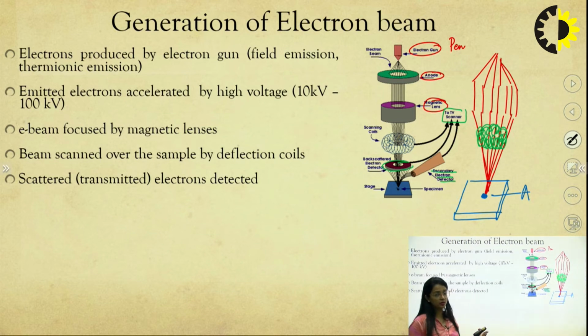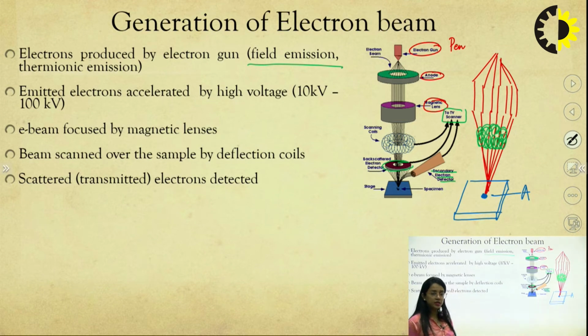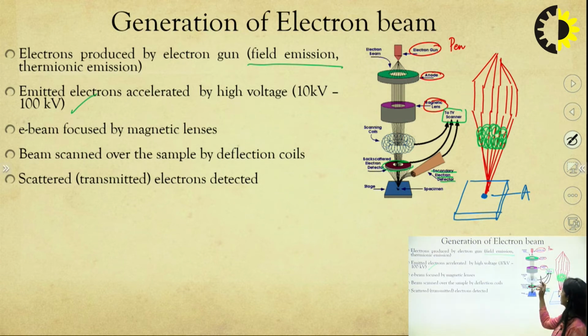Electrons are produced by the electron gun, which is taking place by the process of field emission or thermal emission, and the emitted electrons are accelerated by a high voltage, that is 10 kV to 100 kV. The electron beam is focused by magnetic lenses. We are using this magnetic lens to focus the electron beam.